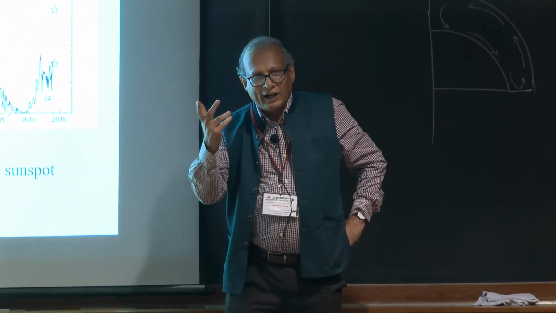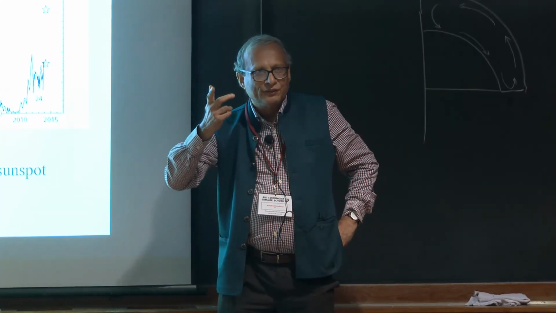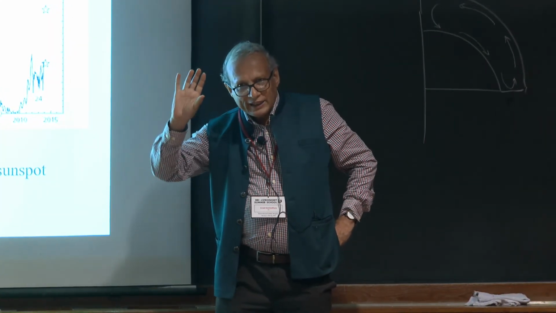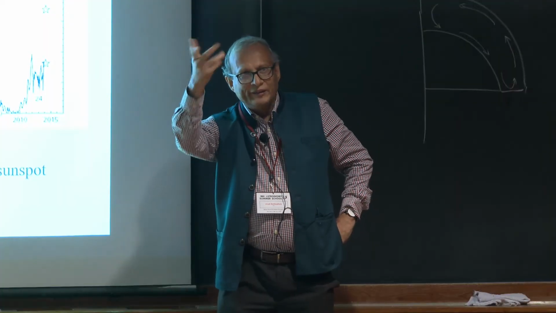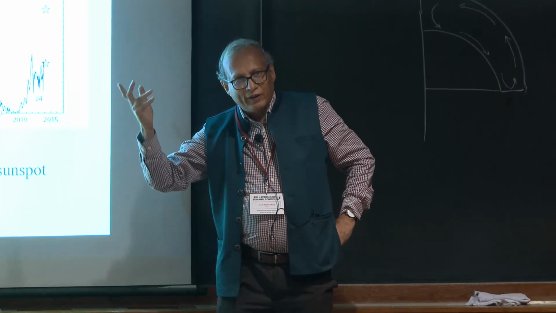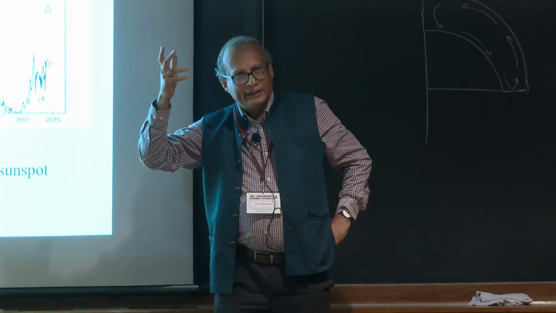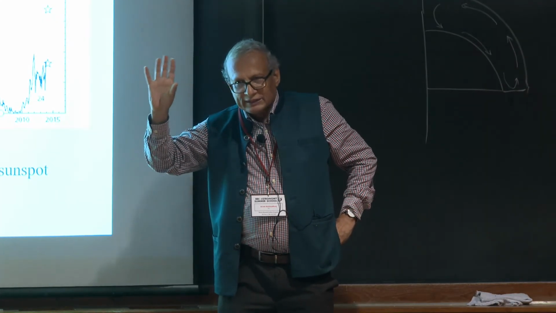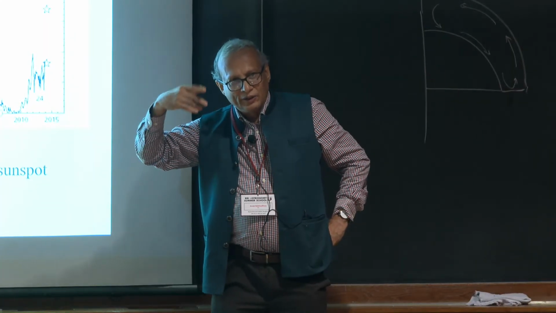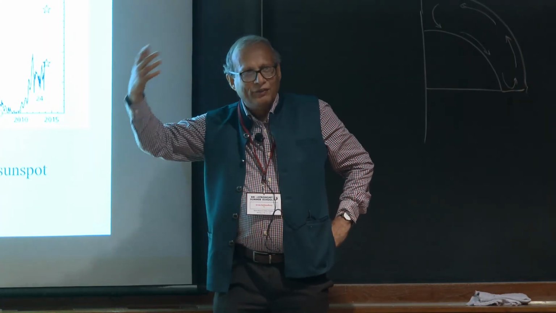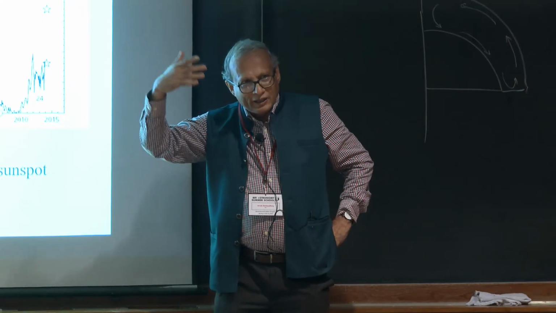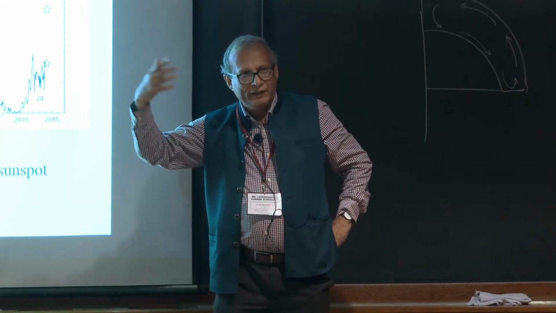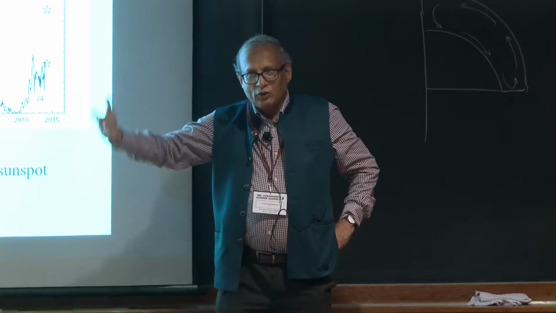You know that in the Earth's atmosphere, because of the Coriolis force, we have cyclones and anticyclones which rotate. In the sun also, the convective motion gets affected by the Coriolis force, and we have things like cyclones and anticyclones. Some of these things are involved in converting the toroidal field to a poloidal field. So that's why it's a more complex process.